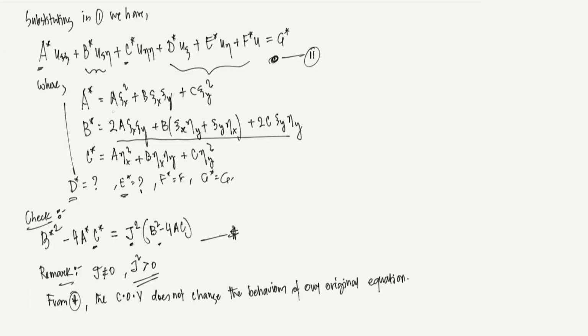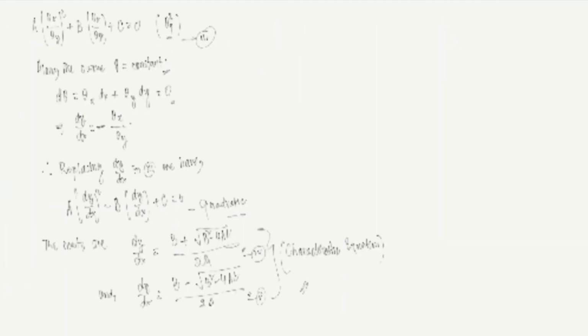See, a star is a xi x square plus b xi x xi y plus c xi y square, right? So I will tell you why a star is 0.